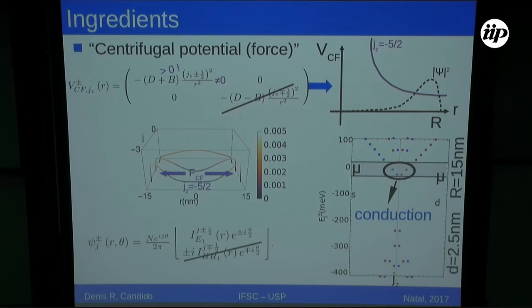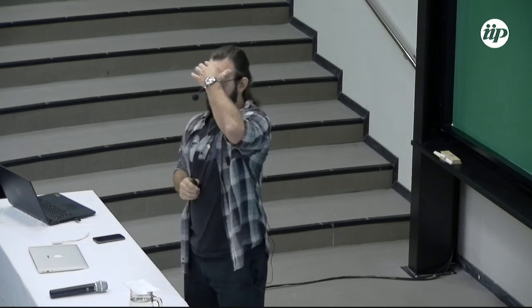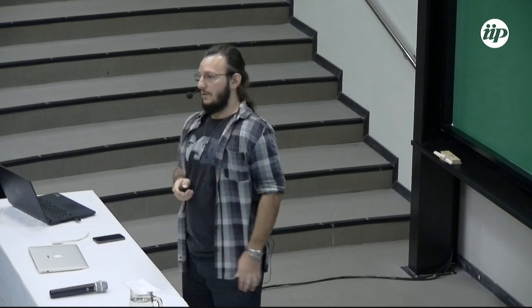No. Okay, no, no, no, no, no. For one interface, you can.